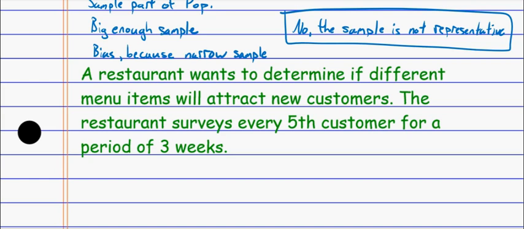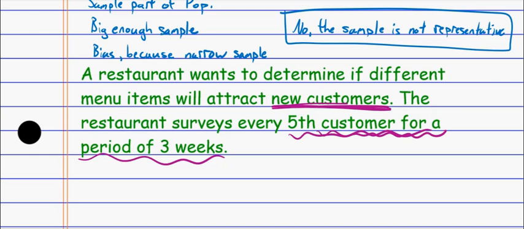When you look at this, the population they're trying to gather data about would be new customers. Okay. And the sample, when they're conducting the sample, they are surveying existing customers.